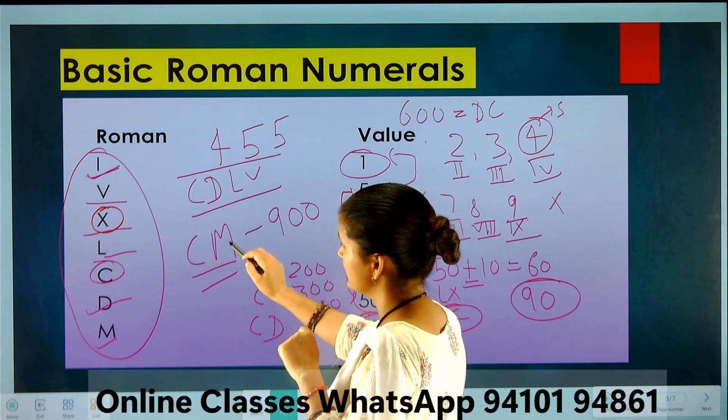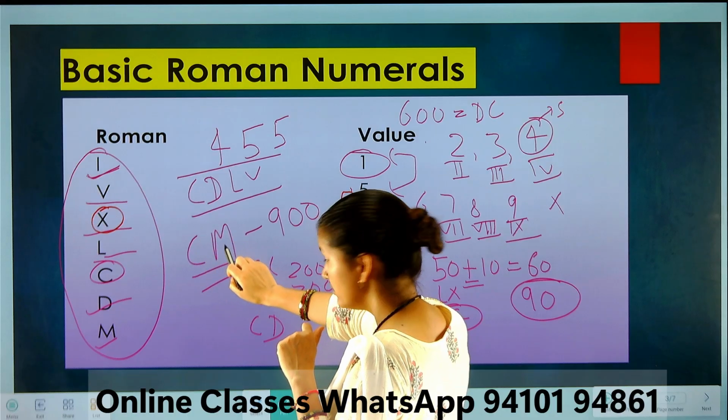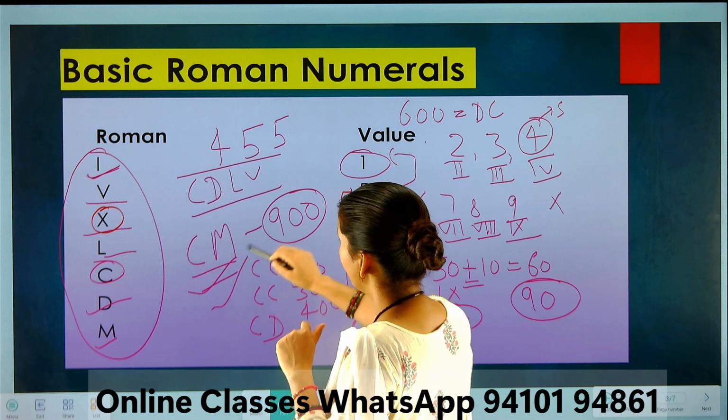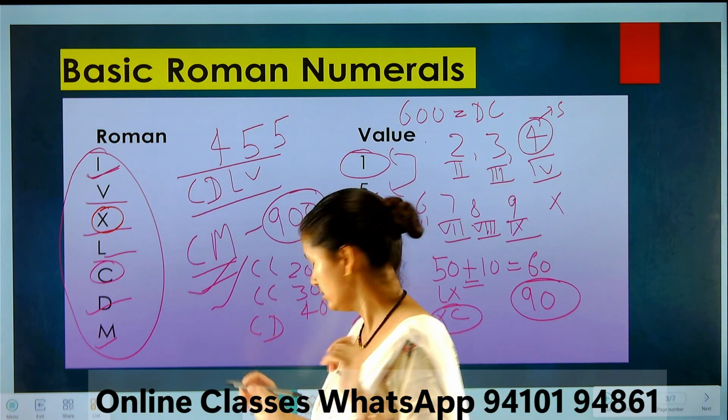You can see here this is 1000, this is 100. Because we are subtracting 100 from 1000, we get 900. So the Roman numeral of 900 is CM. Understood?